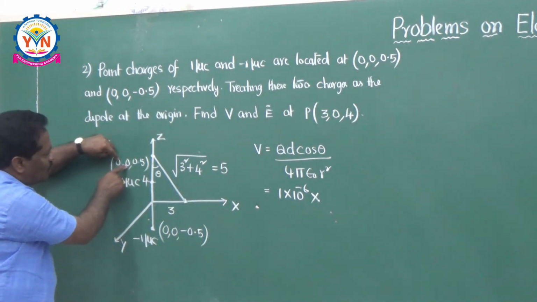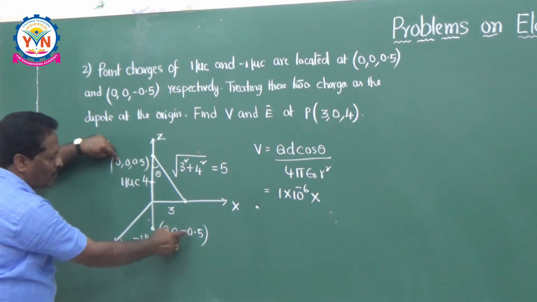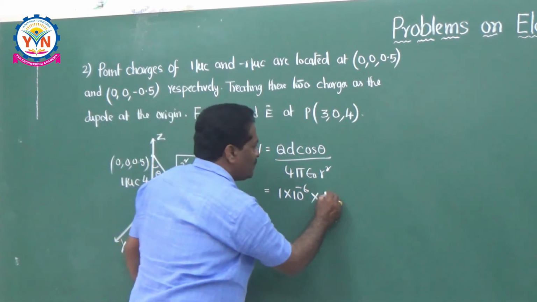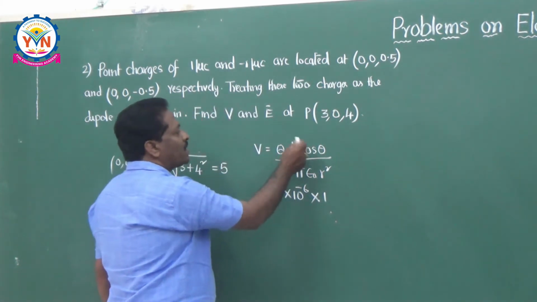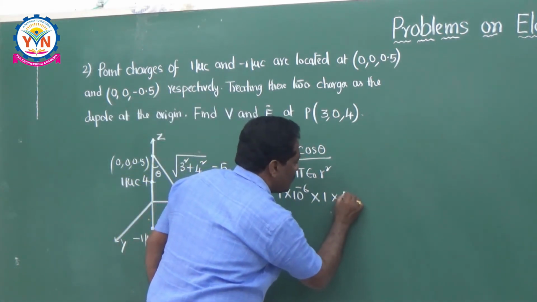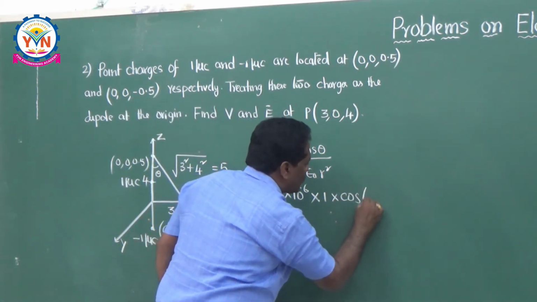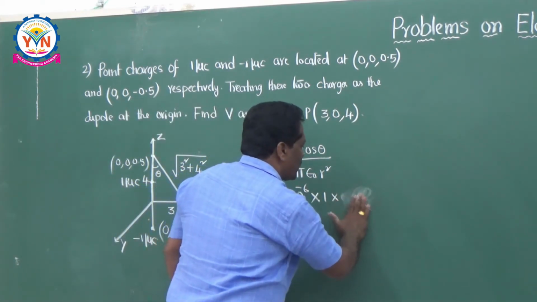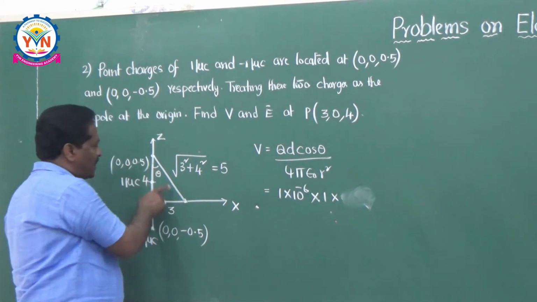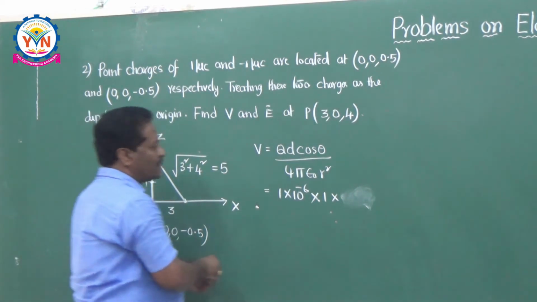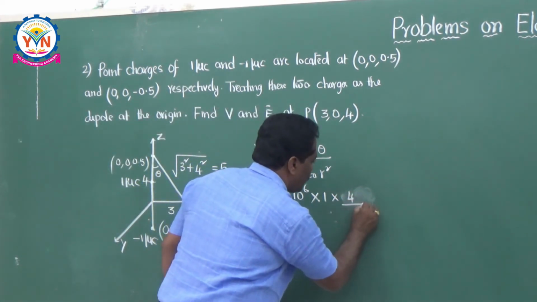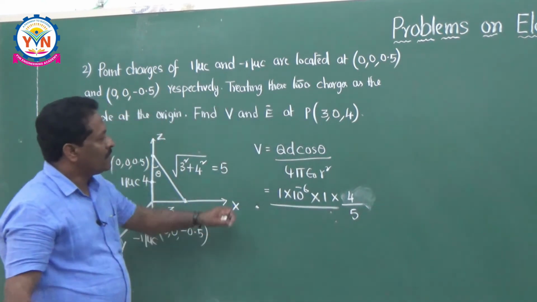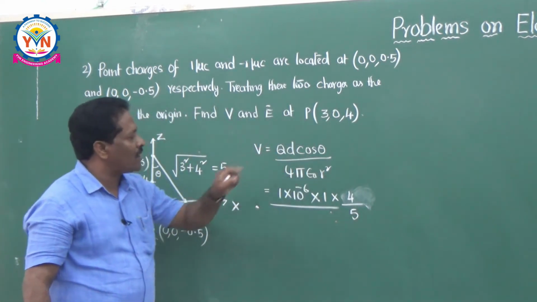So here (0, 0, 0.5) and (0, 0, minus 0.5) means it is 1. Okay. So this is 1 into cos theta. What is cos theta from the figure? Cos theta is equal to 4 by 5. This is 4 by 5 divided by 4 pi epsilon naught into R square.